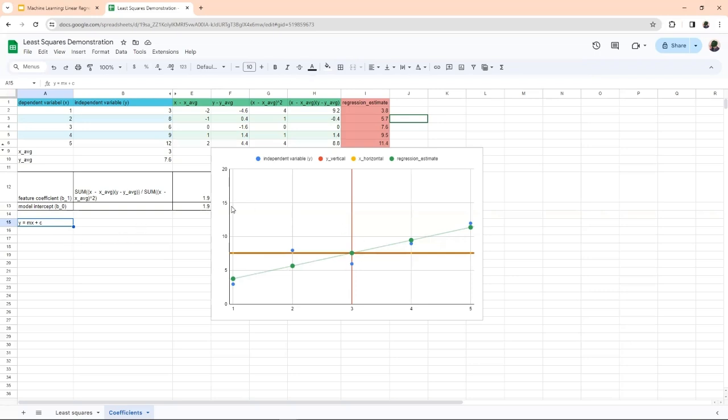That's where we find our intercept. So when x is equal to 0, y is equal to c, but we don't know what c is.